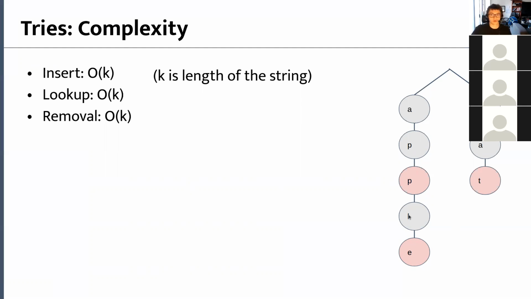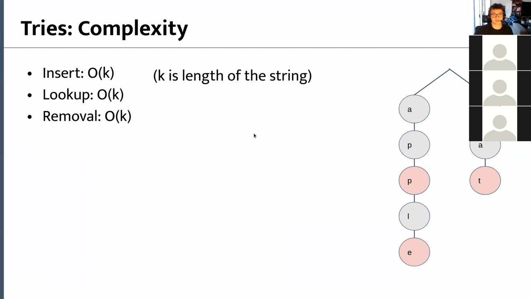So if we're looking for the word, let's assume AP is a word, in this trie, we check for A, then we check for P, and we would say, yep, we have a P, but this isn't the end of a word. So the word AP is actually not stored in the trie. But either way, the big idea is that we need to check the number of characters equal to the length of the string. So O of K time for that. Insert and lookup, that makes sense.